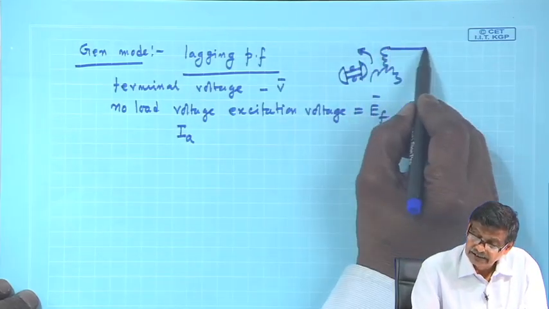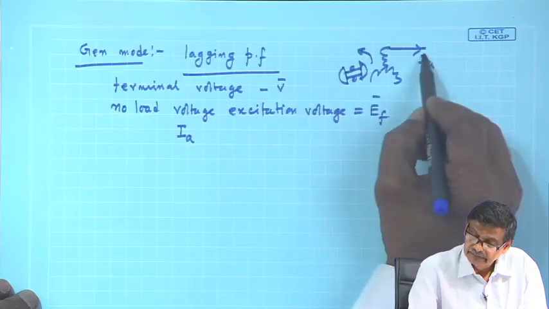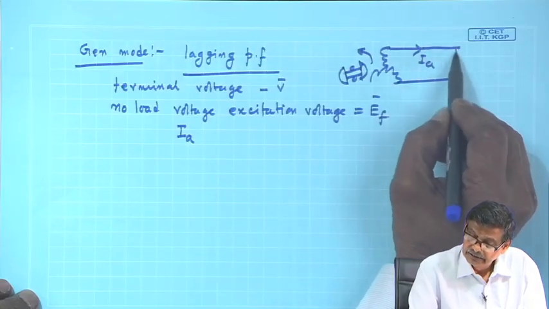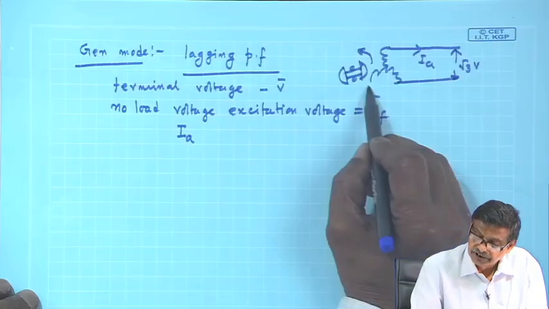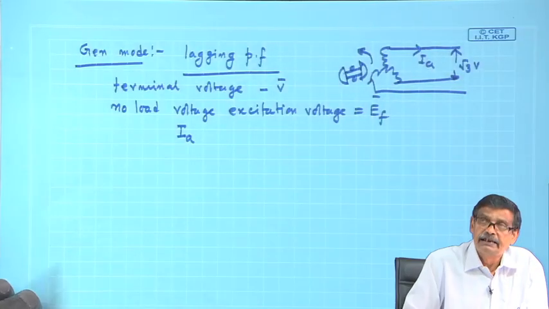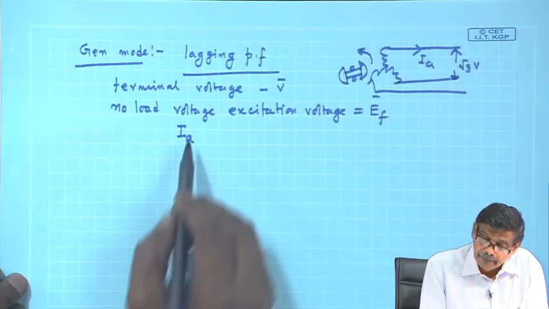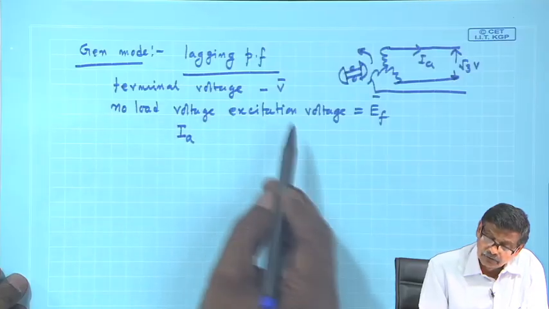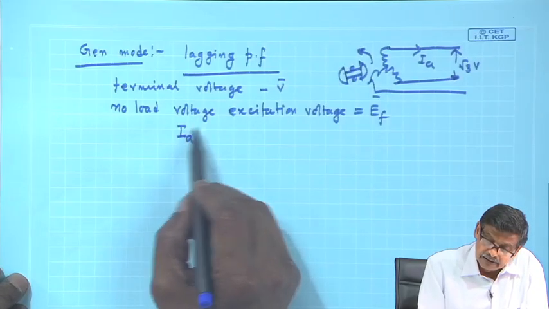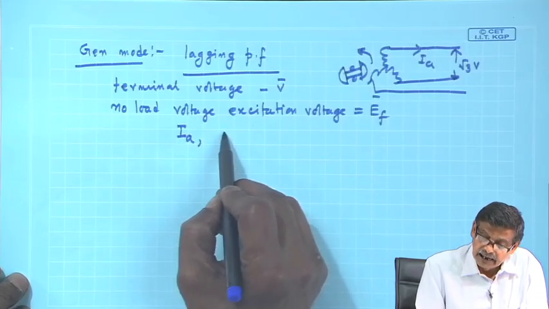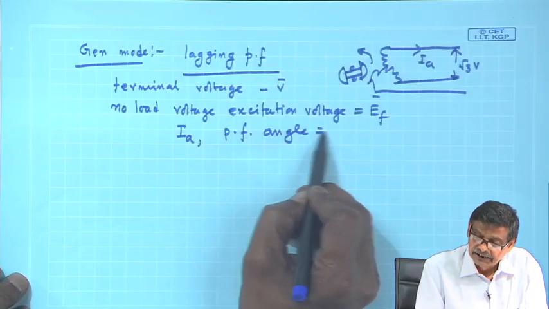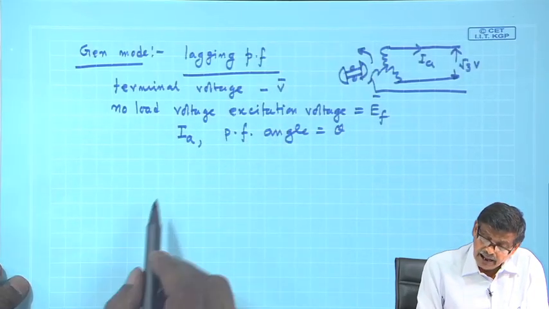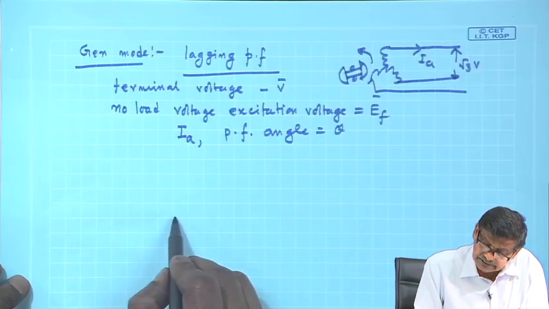So the armature current is this current, and the terminal voltage, if it is star connected, is per phase voltage V, or root 3 V line to line. It is delivering IA current, balanced current. IA is the armature current, and the power factor angle is equal to theta.